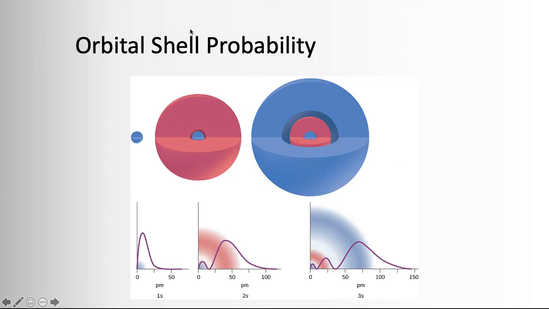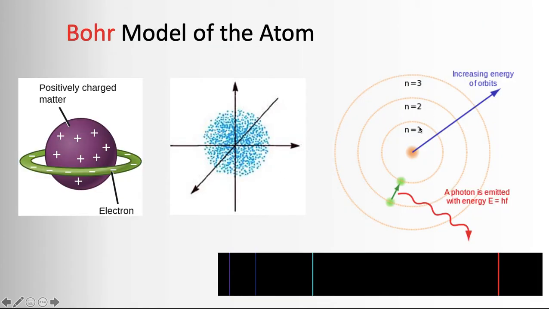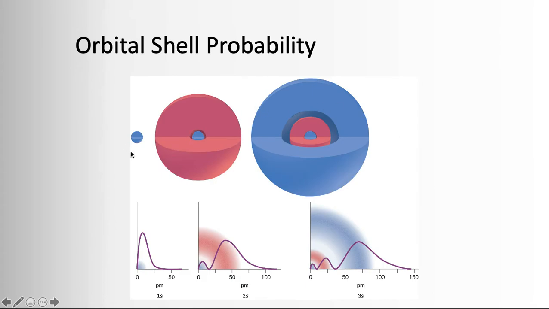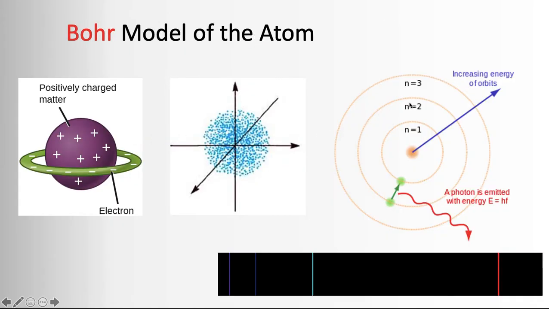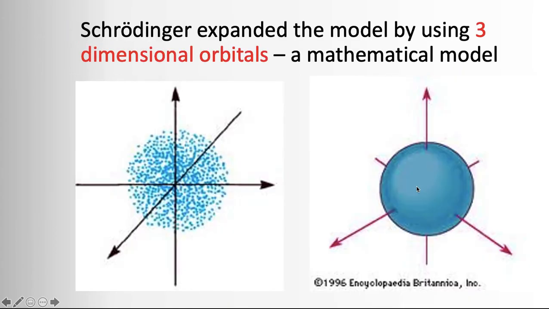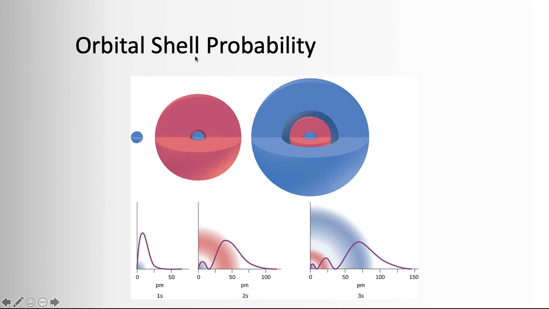Now, what we find is that these orbitals, the shells, will change shape for every level. So if these are my first level, second level, third level, level 1 only has one particular shell and one subshell, which is the sphere, only the sphere. But when we go to the next level, level 2, it will have a sphere, but it will also have these other different, what we call subshells.